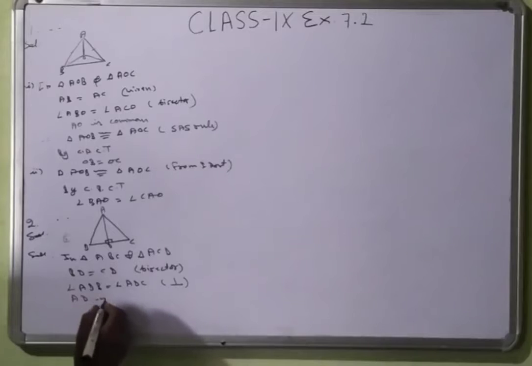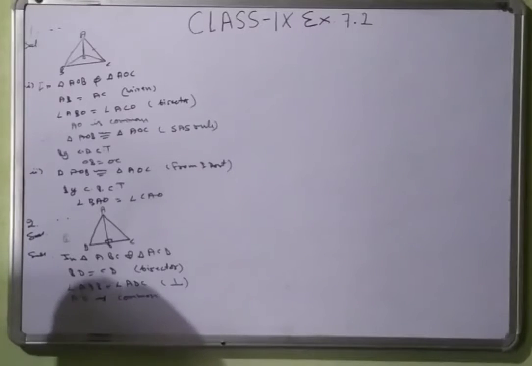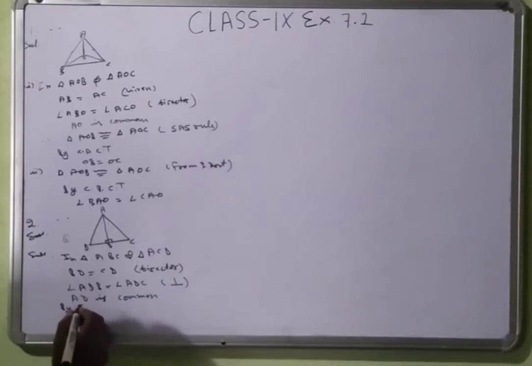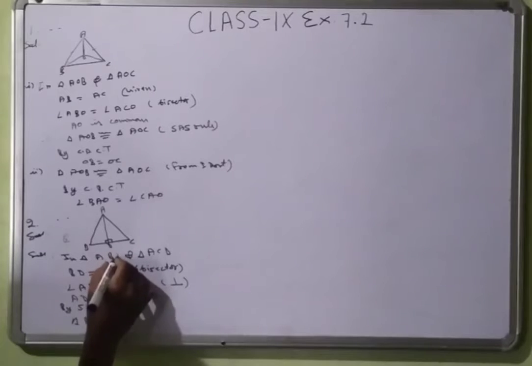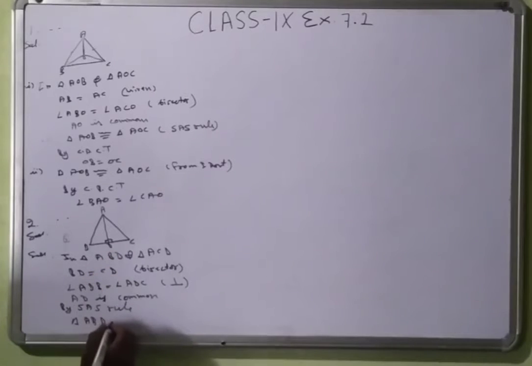AD is common. So by SAS rule, triangle ABD is congruent to triangle ACD. First thing we have proved.